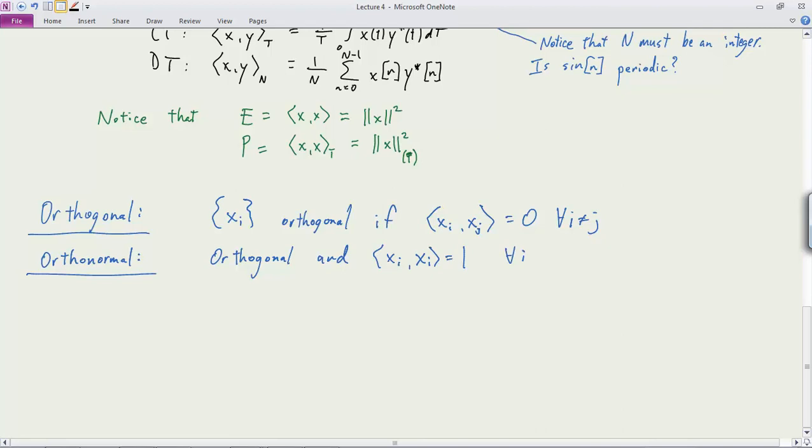Another way of saying a set is orthonormal is that the inner product between any two, i and j, equals the indicator function that i equals j. You've seen this in your homework, this is just 1 if i equals j, 0 if i doesn't equal j. So that's what it means to be an orthonormal set. It's just orthogonal, but you've also normalized each one. You can normalize by just scaling them to make their norm equal 1.